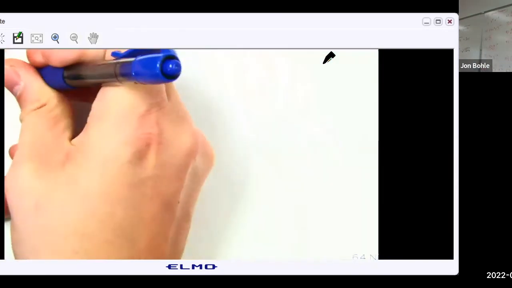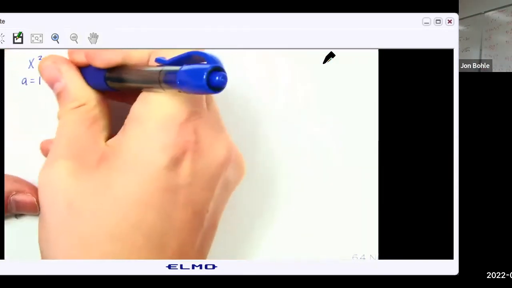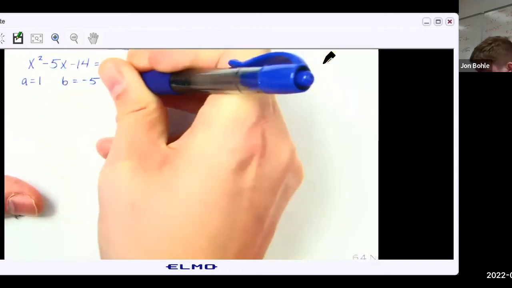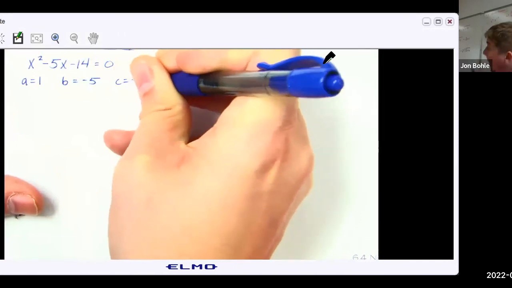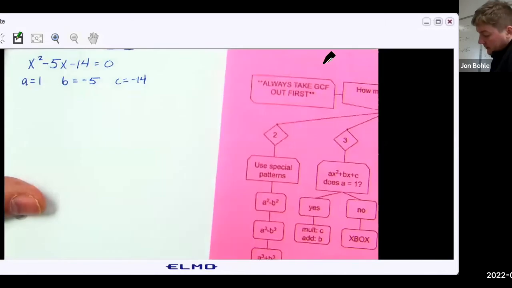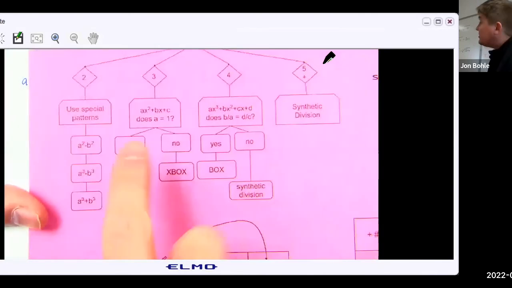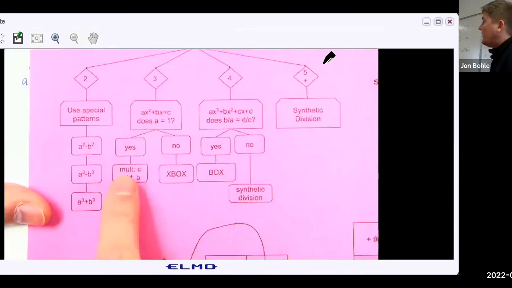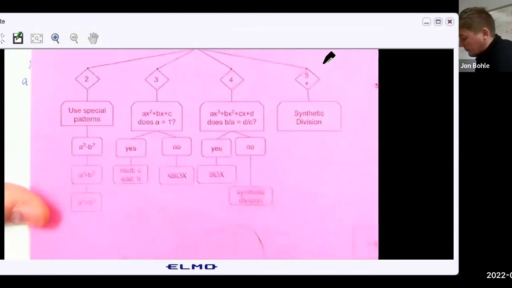So a value here is 1, b value here is -5, c value here is -14. Knowing all of that, I have to ask the question, does my a value equal 1? Yes, it does. Therefore, my method of factoring is the multiply to c value, add to b value method.